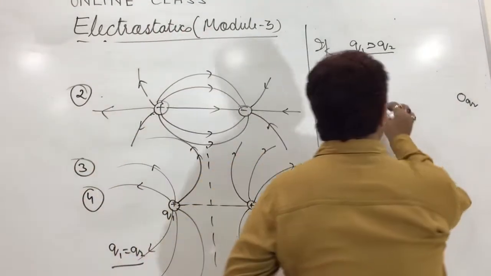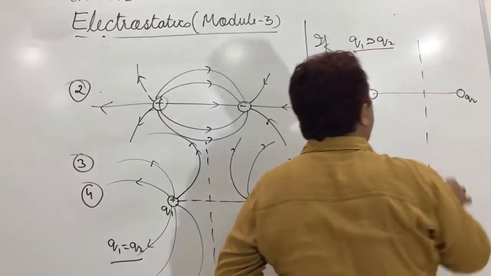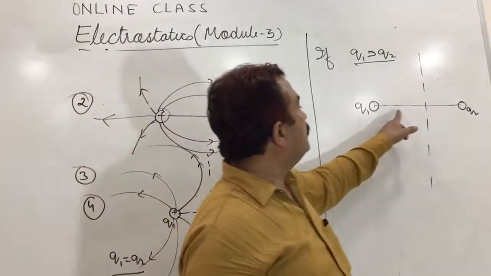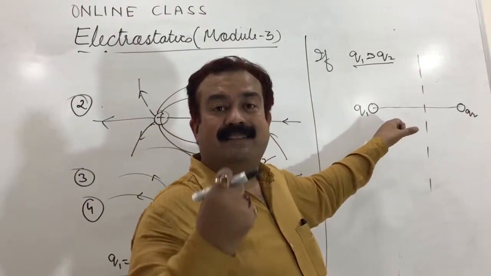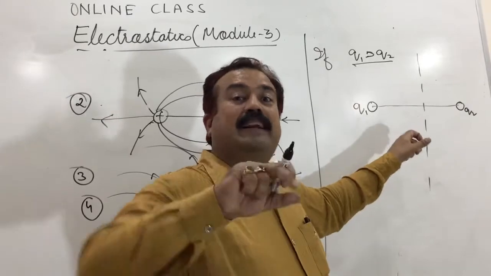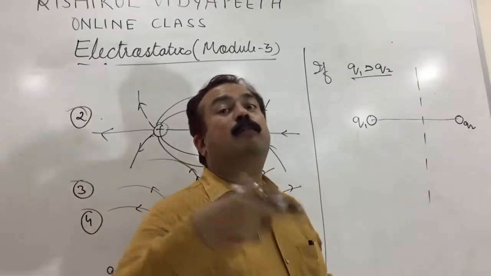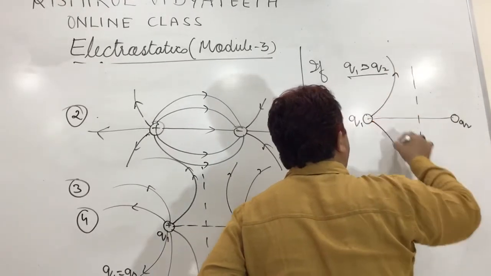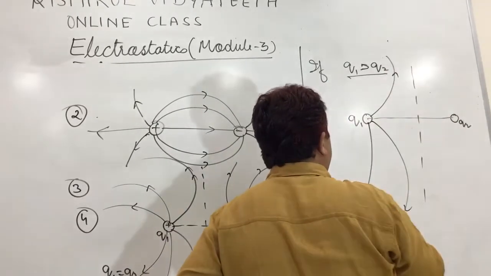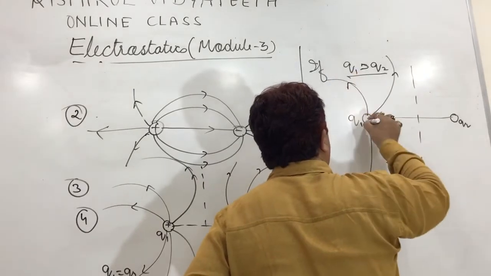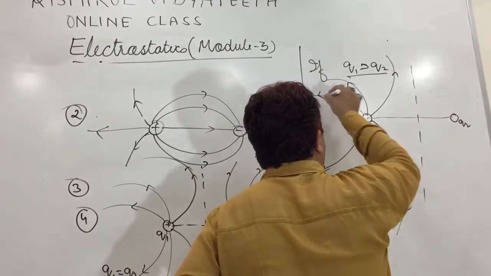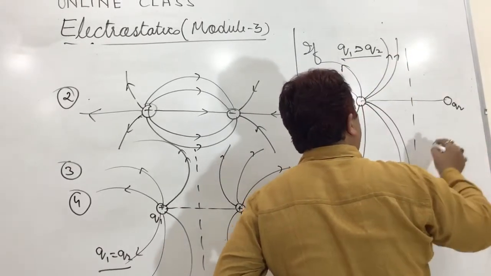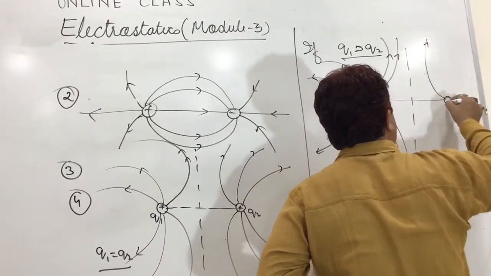In that condition, divide again but give more portion to Q1 because its strength is more, its value is more. So its effect should be more. So in this condition, we will make electric lines of force just like this, and here we will show like this.